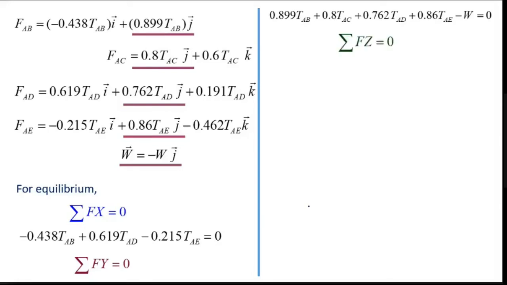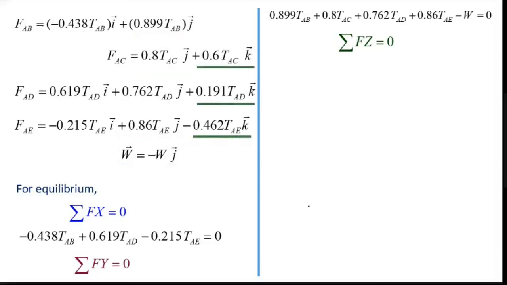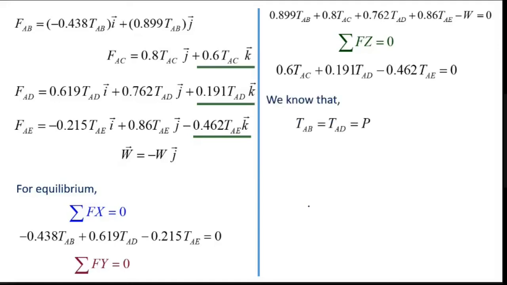Similarly, sigma Fz is equal to 0. Add all your k vectors and equate to 0. These are my k vectors. You will get another equation. Now I will substitute. You know that TAB is equal to TAD is equal to P, as given in the question. So wherever I have AB and AD, I have to put P, and I can add them also.